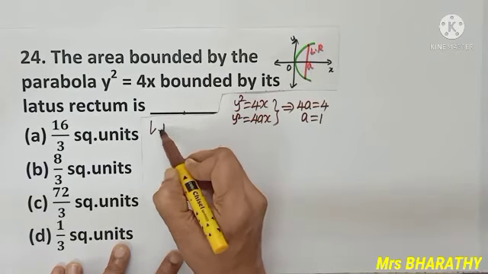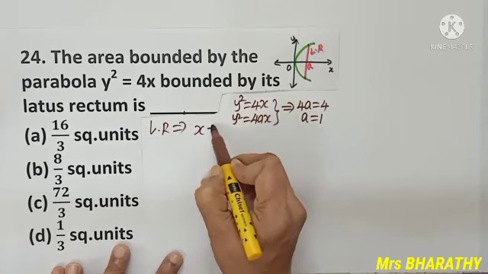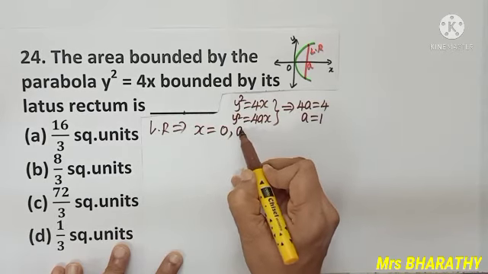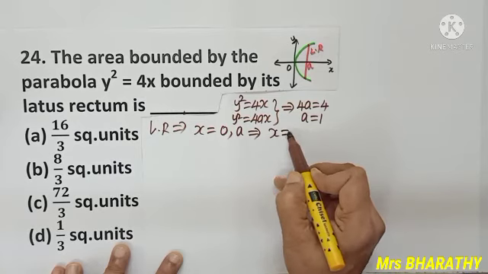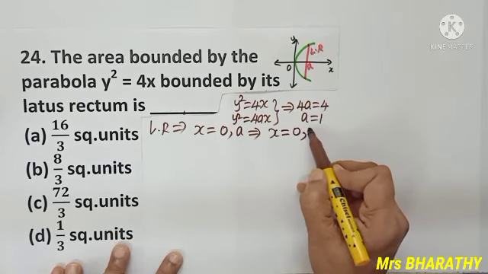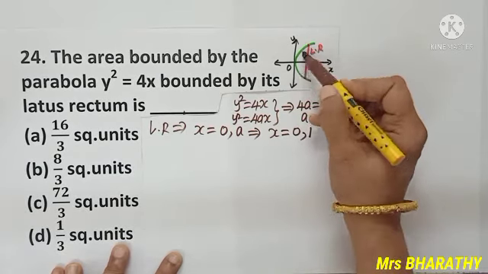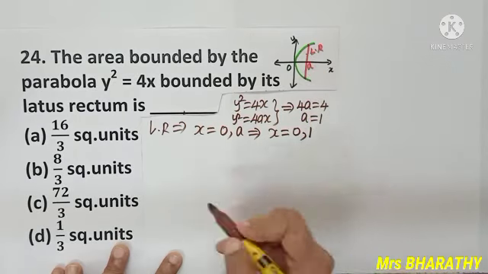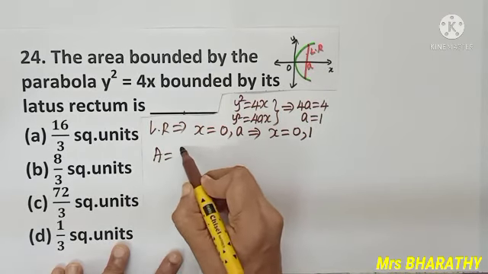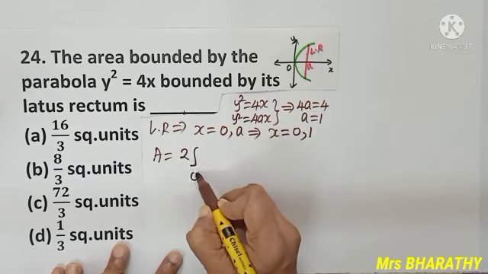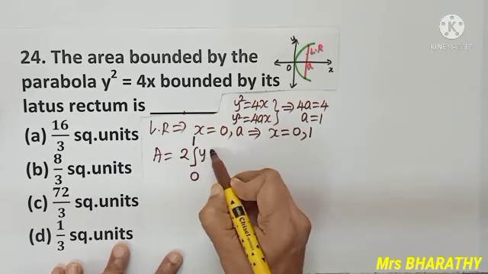So latus rectum implies the limits are 0, a. That is, in this question, 0 and 1. And we have two portions, up and down. So the area is 2 times integral 0 to 1 y dx.